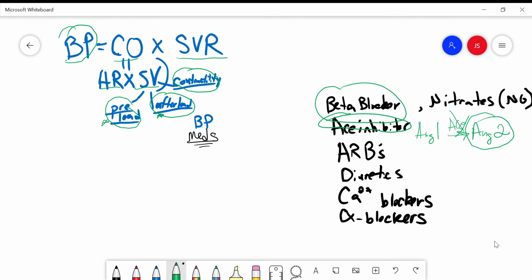So if we block vasoconstriction in the peripheral vessels, the blood vessels of our bodies, we dilate the vessels, the arteries. What would that do? And what factor would that affect in this blood pressure equation?